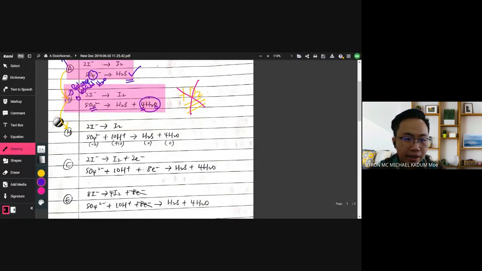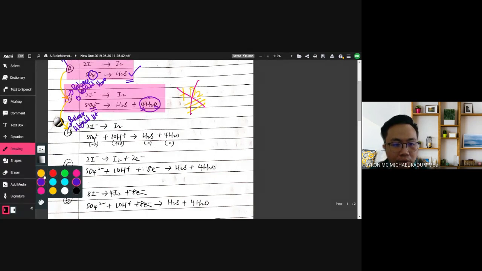This is balance hydrogen by adding H+. Kalau kamu tengok sekarang, kita tengok di atas yang atas ni O dulu ya. I will use yellow. If you look here, you have 2H2 dan juga 8 sudah sini kan?